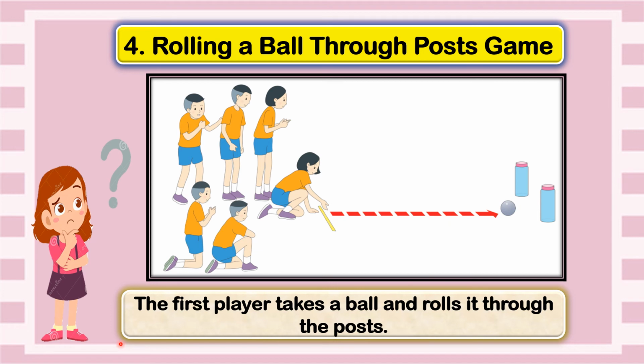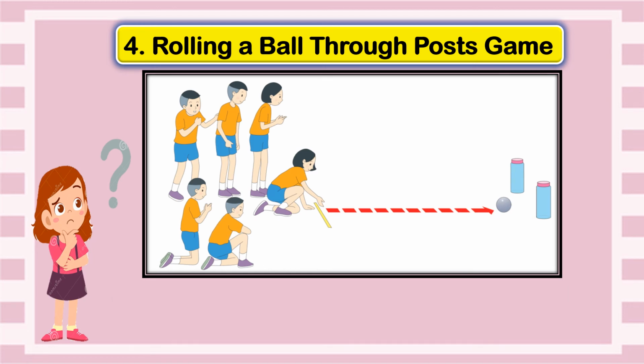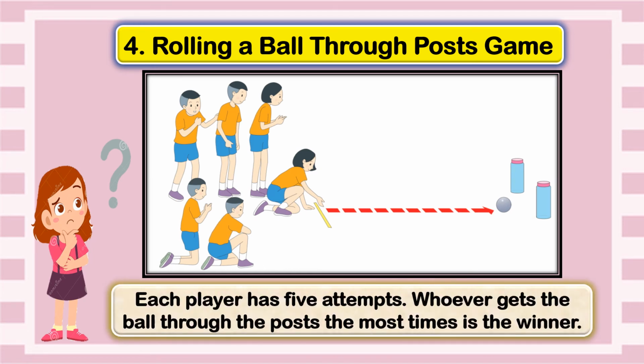Now the first player takes a ball, this one, and then she will roll it through the bottles, through the posts. After that, each player has 5 attempts. So for example, this girl will get the ball and she will roll.